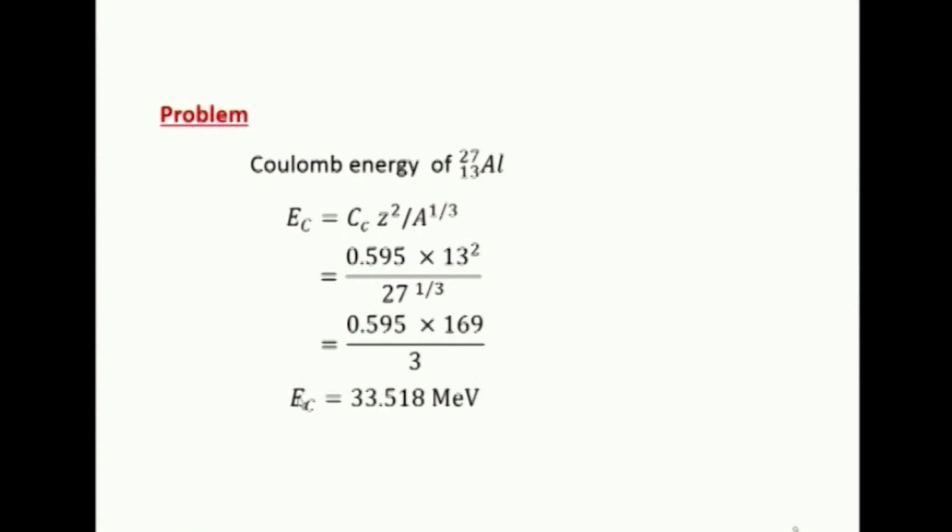So I am getting 33.518 MeV. This is the Coulomb energy of aluminum 27.